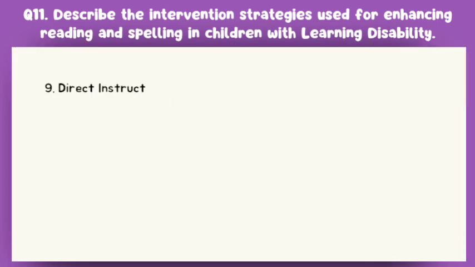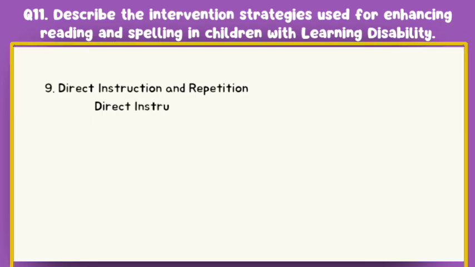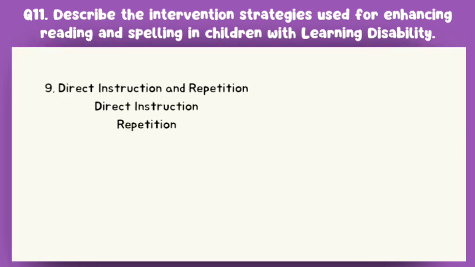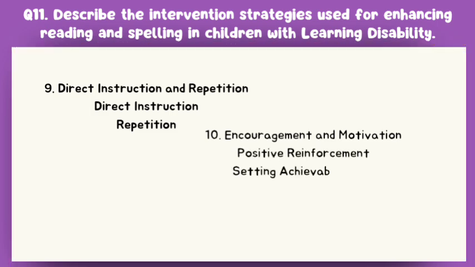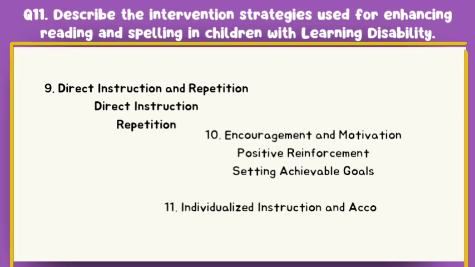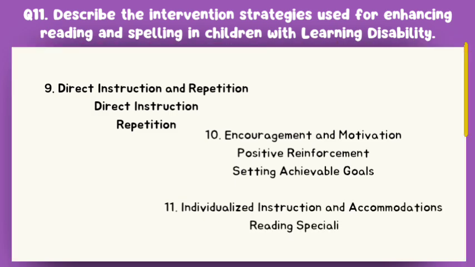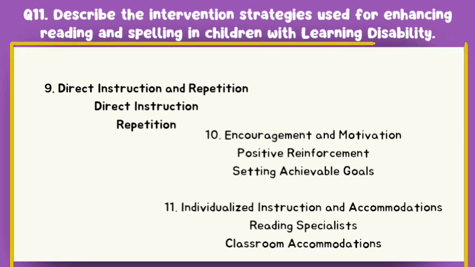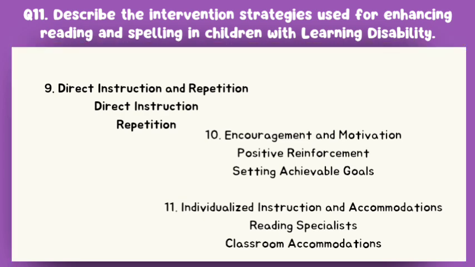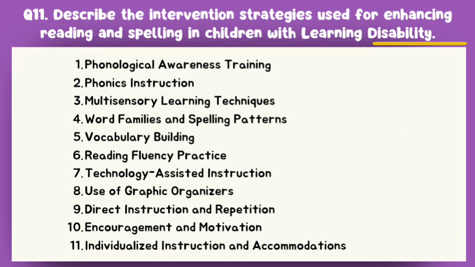The next is direct instruction and repetition. Students with learning disability often benefit from explicit and repeated instruction. The next is encouragement and motivation. This is another strategy for enhancing reading and spelling. The last one is individualized instruction and accommodation. That means customizing the instruction to each child's specific needs, ensuring more effective learning.